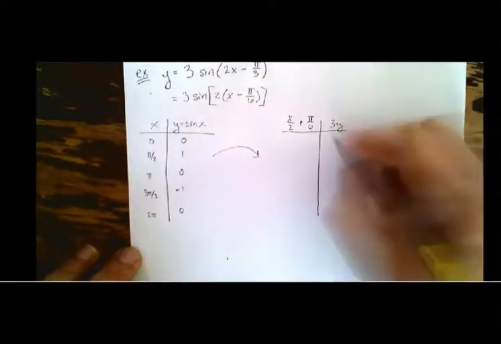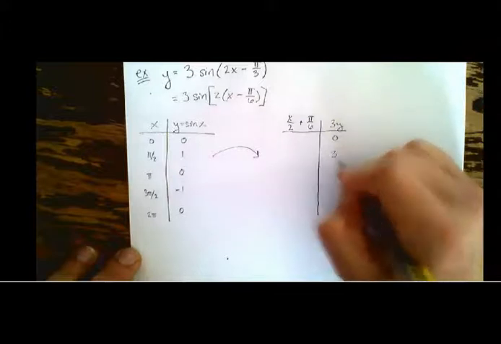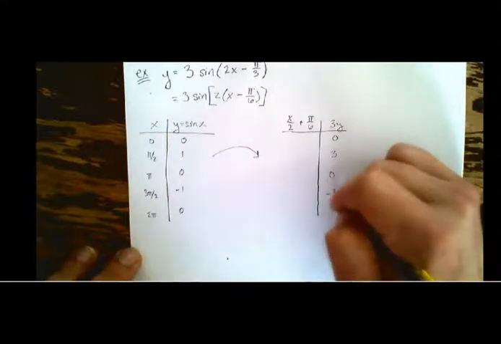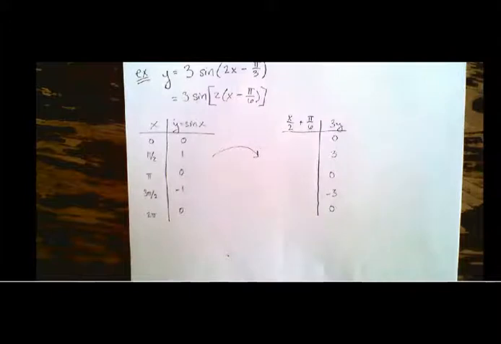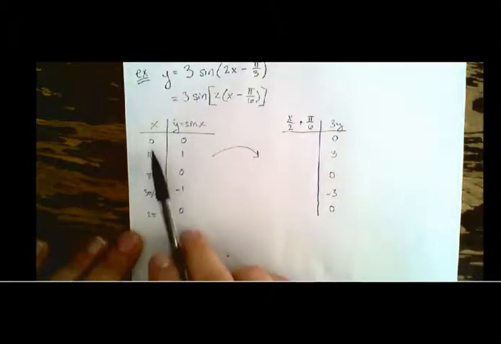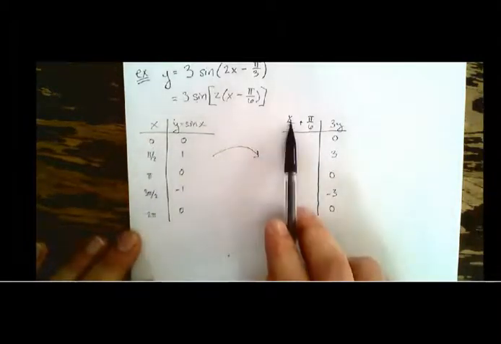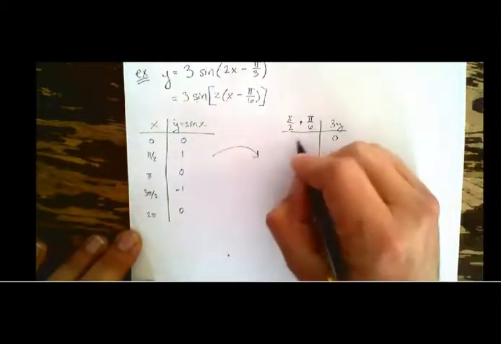Okay. So the y column is very easy. 0, 3, 0, -3, 0. Just multiply all those y's by 3. Now, I need to perform those operations on our x there, okay? So let's see. Here we have 0 divided by 2 is 0, plus pi over 6 would give us pi over 6.